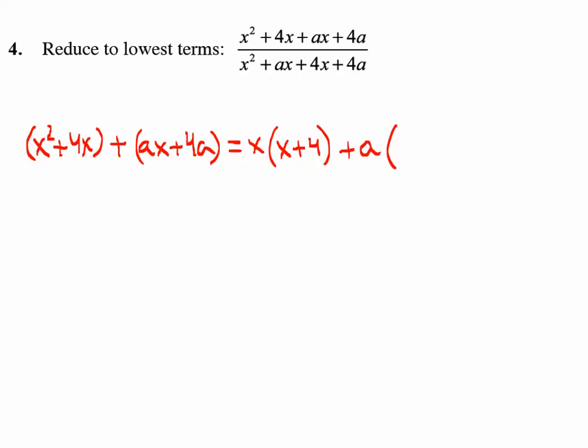Factoring out an a out of the second one, leaving you x plus 4. That's kind of cool. Therefore, we get x plus 4 as the factoring out of the binomial factor. That's kind of what it's called, because there's two terms there. Leftovers would be the stuff on the outside, so x plus a. So there's the numerator. All yours to do the denominator by yourself.